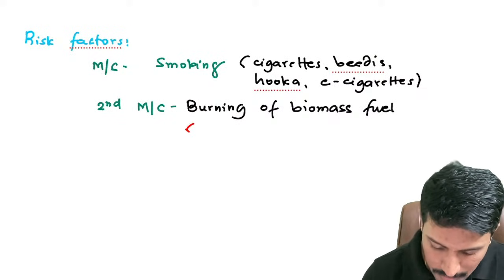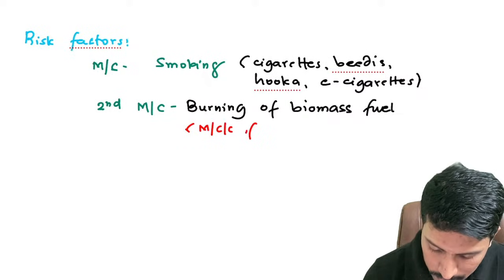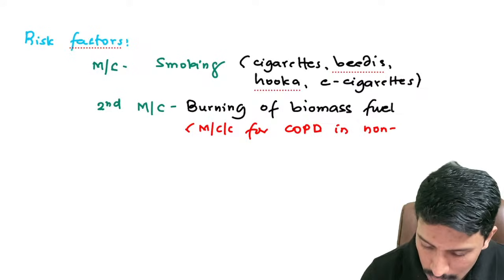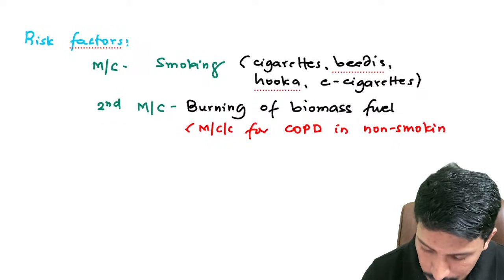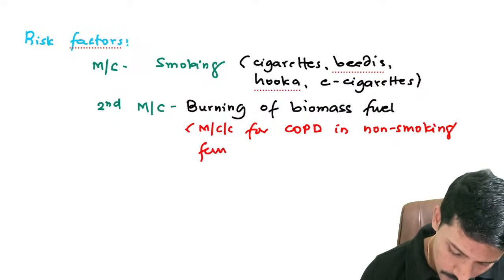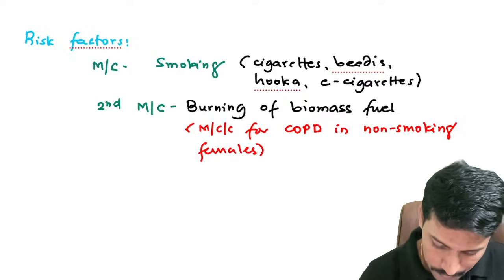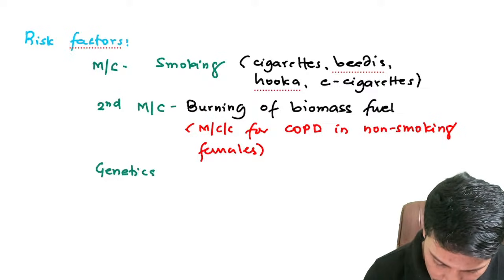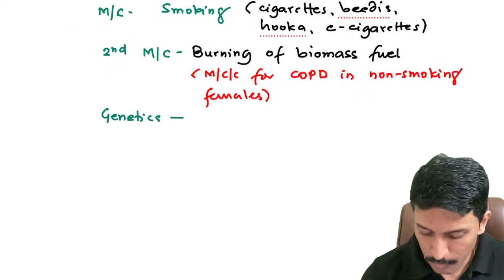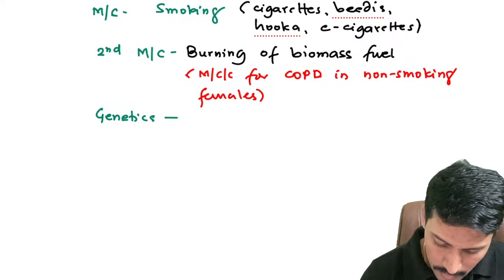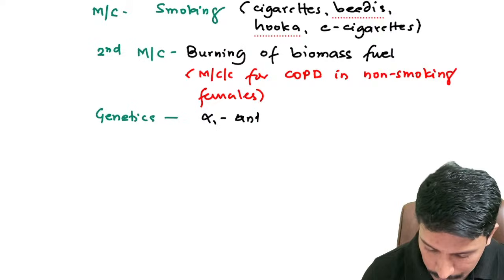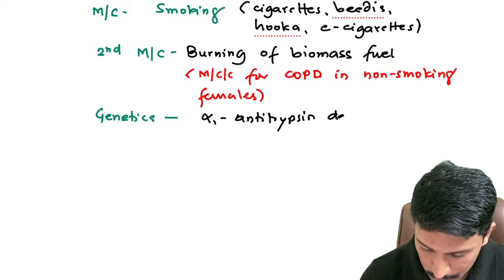It is good if you mention that it is the most common cause for COPD in non-smoking females. Then genetics, and when it comes to genetic risk factor, you are expected to mention particularly alpha 1 antitrypsin deficiency.